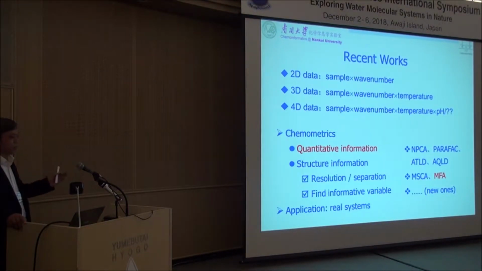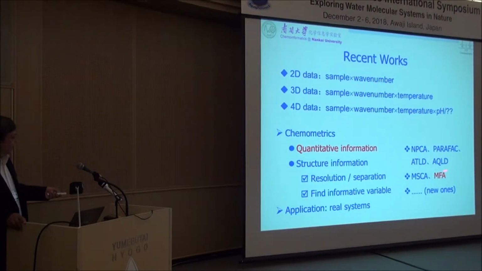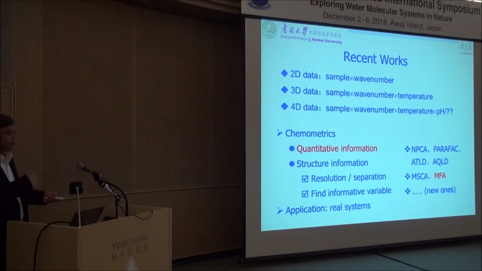So we must develop high-dimensional methods to extract the information from these data. Up to now, we have tested several methods. All these are high-dimensional methods. And we need more work to explore new methods.